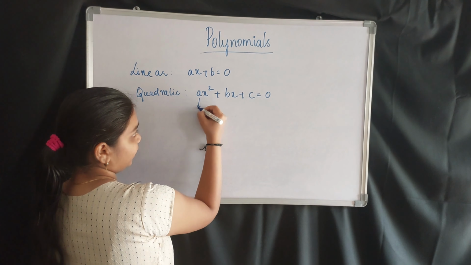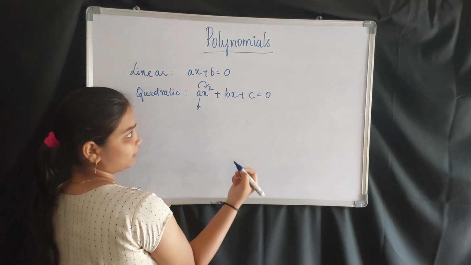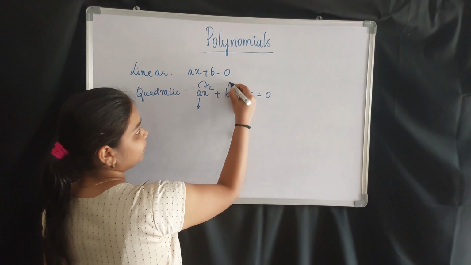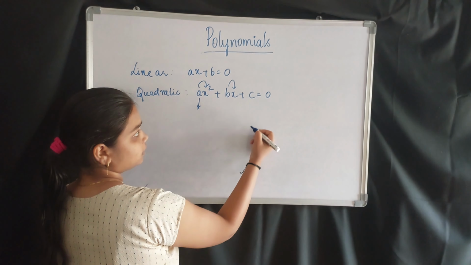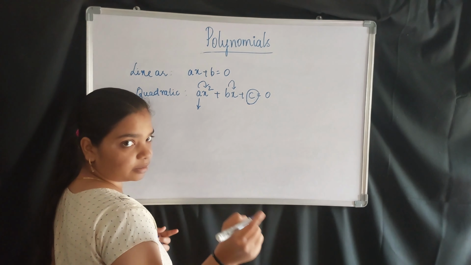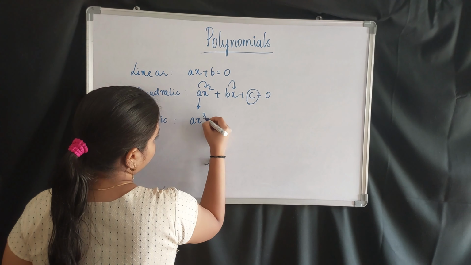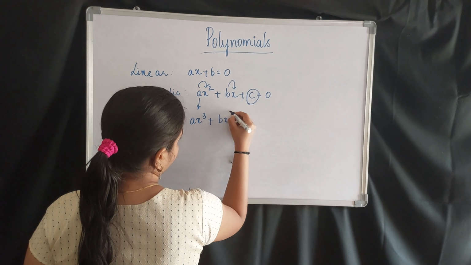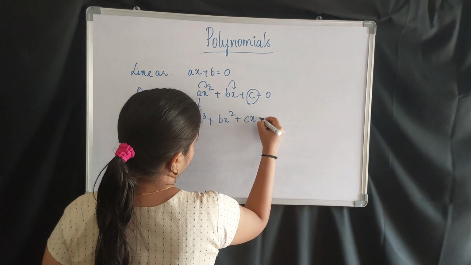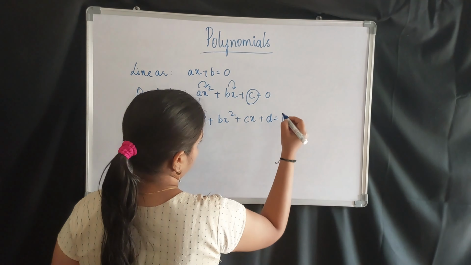Here a is the coefficient of x square term, b is the coefficient of x, and c is a constant term. The third one is the cubic one, which will be in the form ax cube plus bx square plus cx plus d is equal to 0.